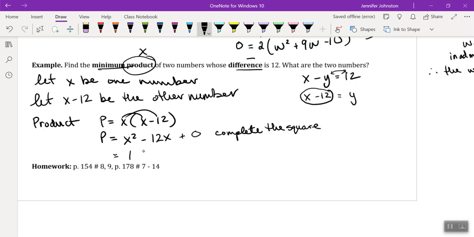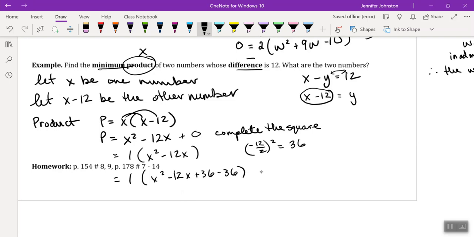So we're going to common factor a 1 out in front, so we are left with x squared minus 12x, and then the negative 12 divided by 2 and squared, we get 36. So 1 times x squared minus 12x plus 36 minus 36. The negative 36 gets kicked out by the 1.